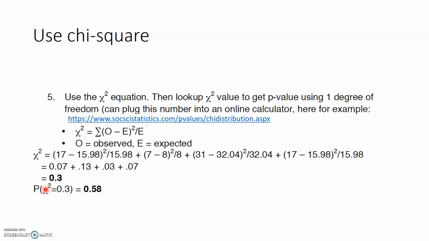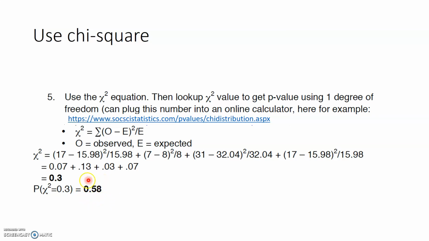Now, what does a p-value of 0.58 mean? We want to see if there is a statistically significant relationship between a genotype and phenotype. We want this p-value below 0.05.